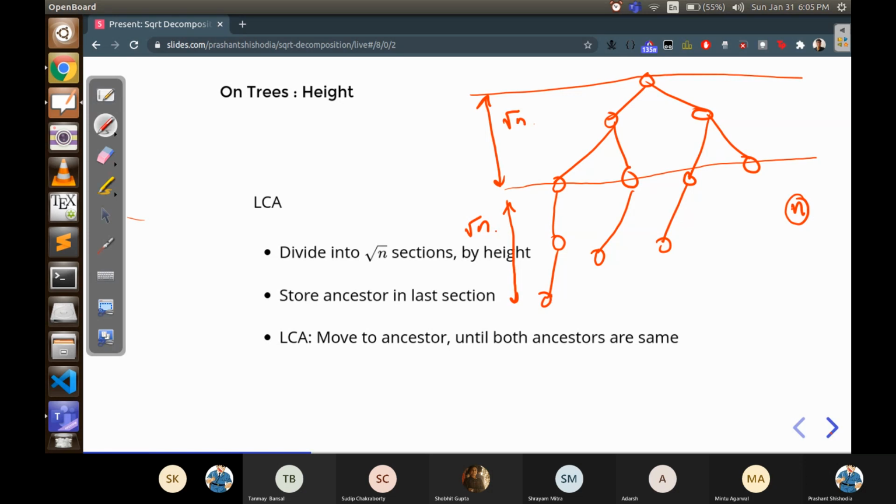What I do is similar to binary weightlifting, but I only store the root nth ancestor. For any vertex, I don't store the others, I just store its ancestor in the last block. Okay, so that's what I do.